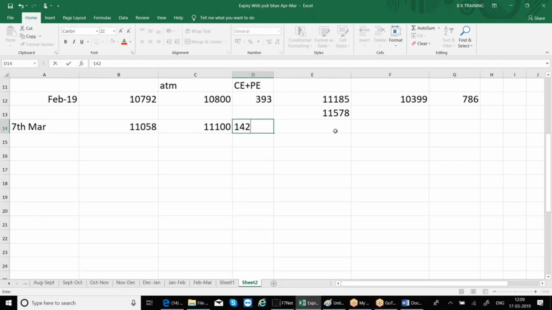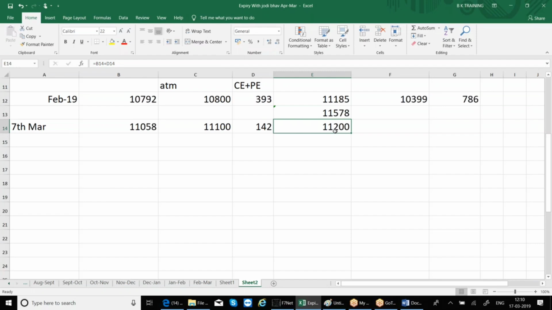Right? So what will be my first rally? 11,200. What is my this point? R1 11,185. My R2 R1 of weekly कितना आ रहा है? 11,200.